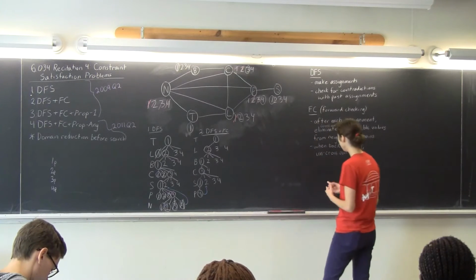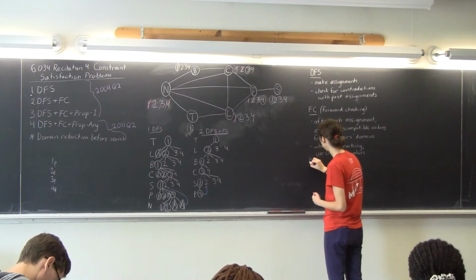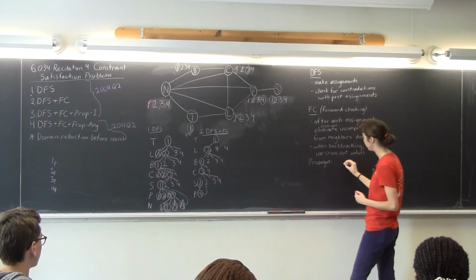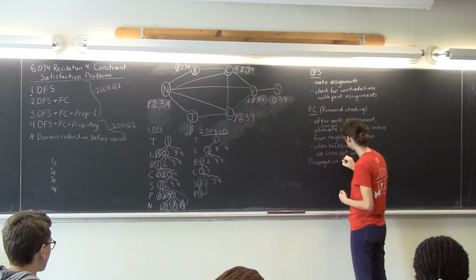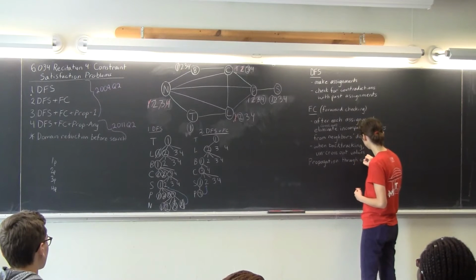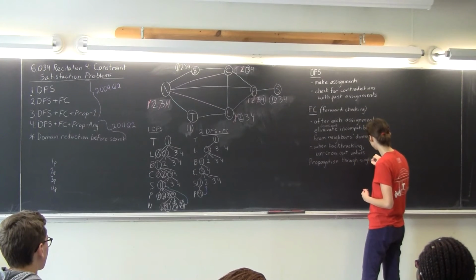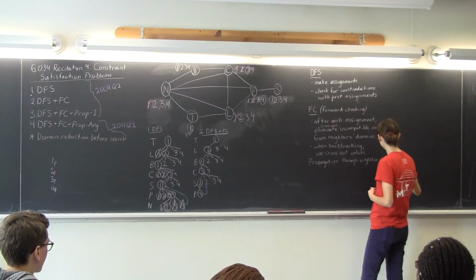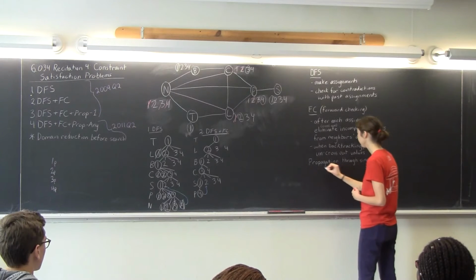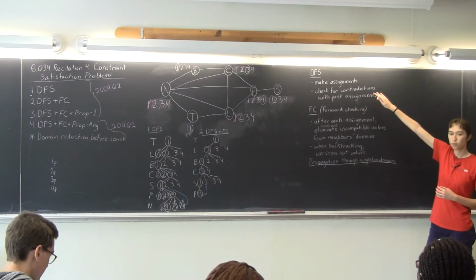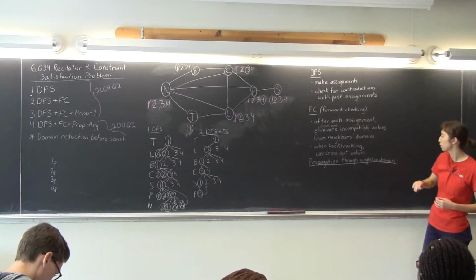So we're going to add on to here propagation through singleton domains, which I'm abbreviating as prop1. So we're still going to do the depth first search and forward checking steps.